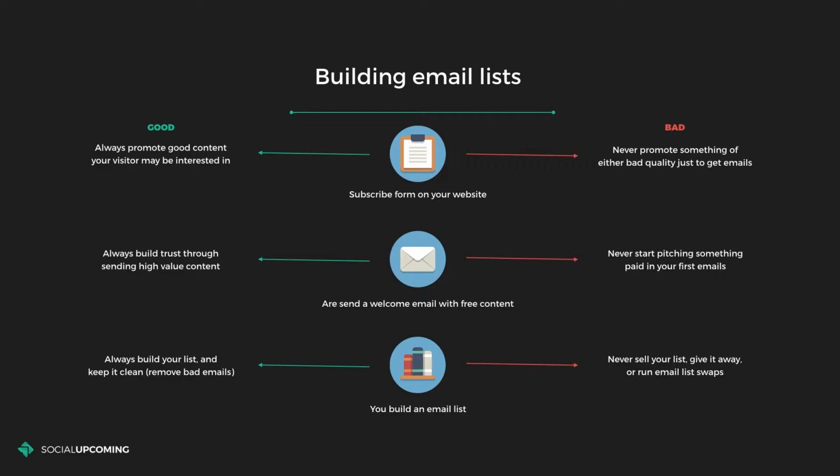If someone goes through your entire email sequence, which I will show you in a minute, and they don't open your emails, you could send it once more, but you want to mark those people as inactive and not responsive. You want as responsive a list as possible, and you can only get this by removing bad emails, so that you filter out the bad ones and keep the good ones.